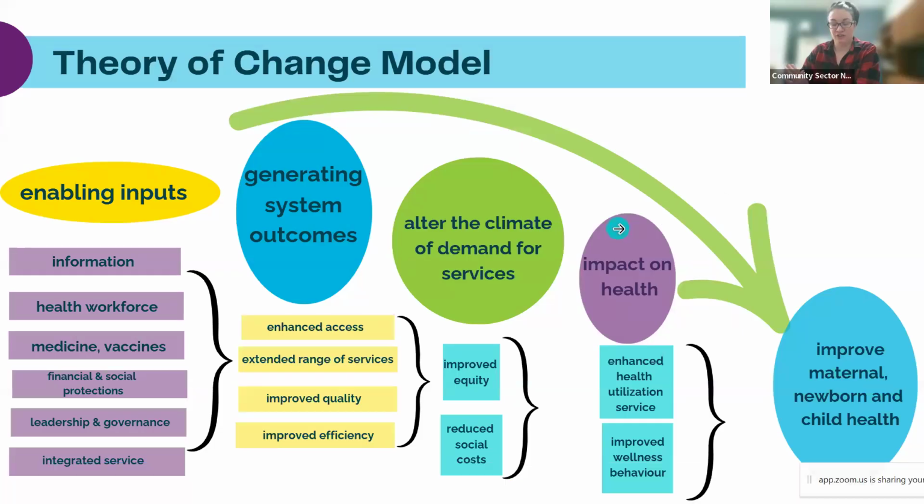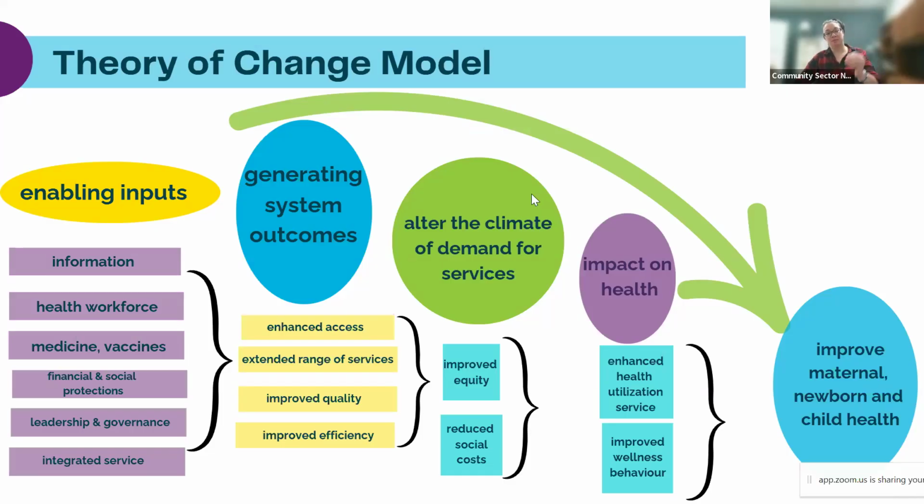To establish that impact, we're going to have to change the climate of the demand for the services. So how are we going to improve those services? We need to improve the equity of them. We can reduce the costs of them. In order to change that demand for those services, we're going to have to generate a series of outcomes that make them more equitable and reduce social cost. So we can do that by extending the range of services, enhancing their access, improving the quality, improving the efficiency.